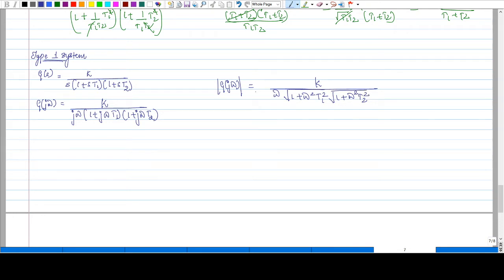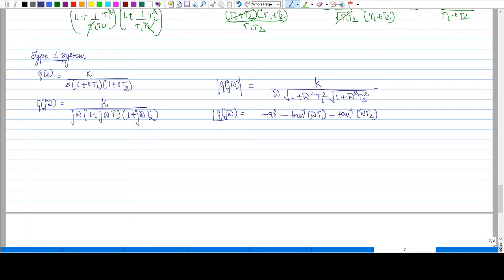This is the magnitude, and the angle of G of j omega is equal to minus 90 degree minus tan inverse omega T1 and minus tan inverse omega T2. So this is the angle and magnitude respectively.